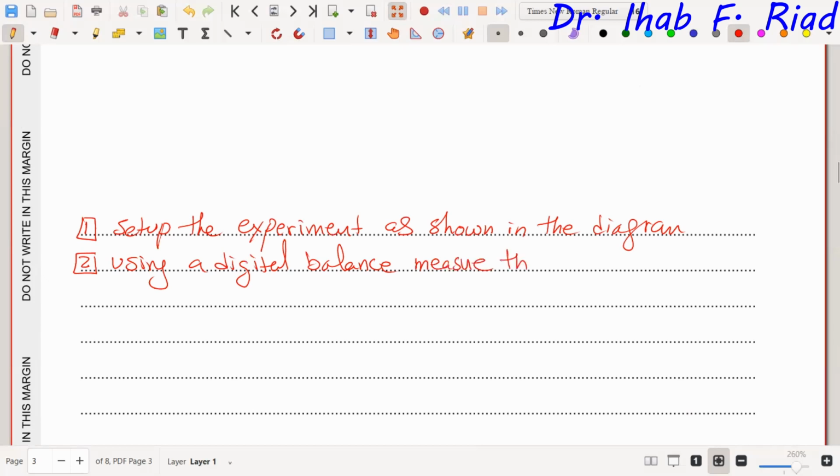Measure the mass M of the trolley. Okay. Try to emphasize the quantity you are measuring.